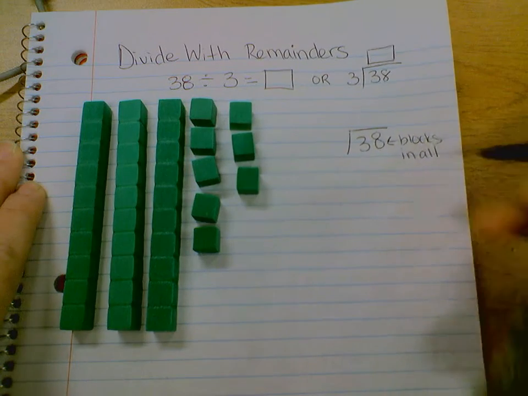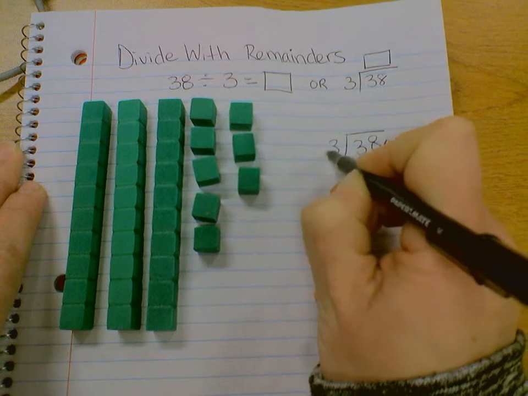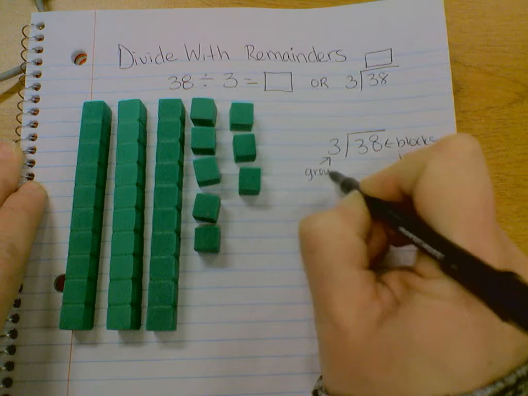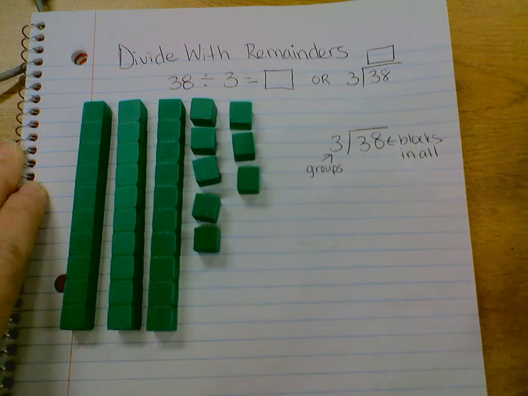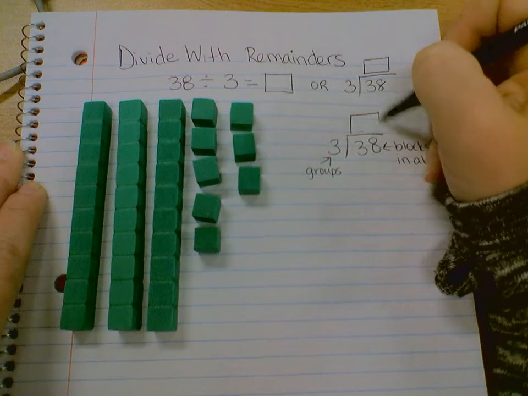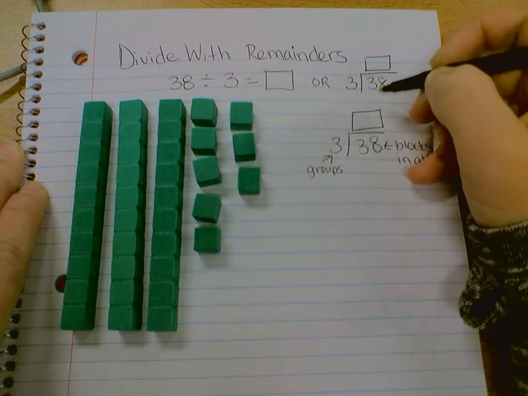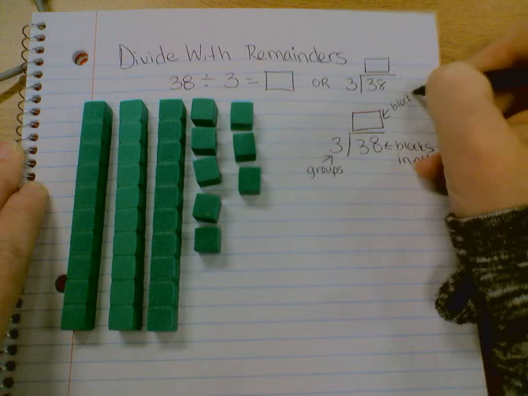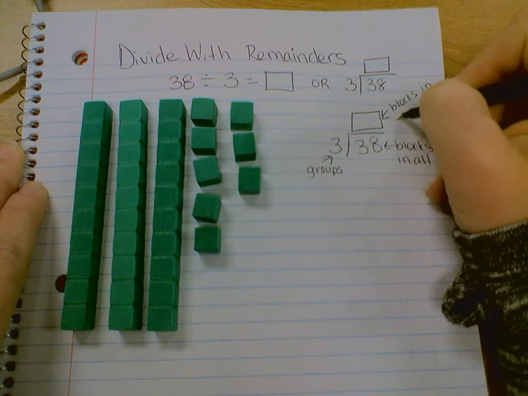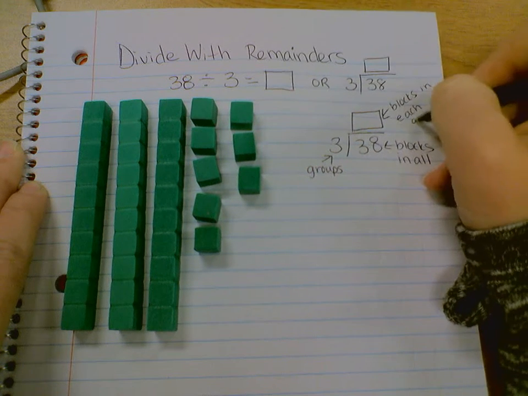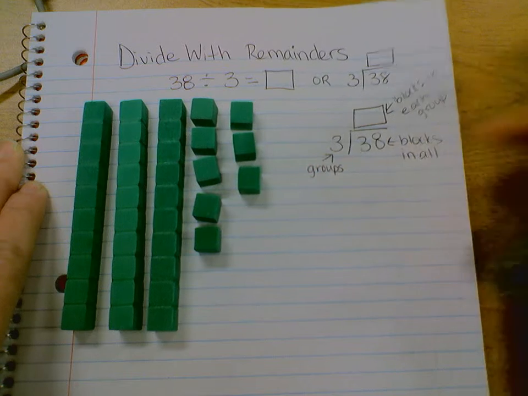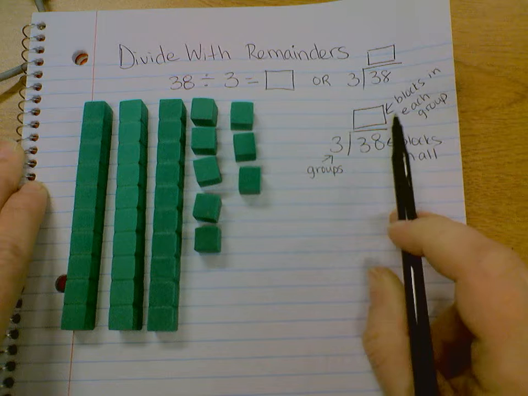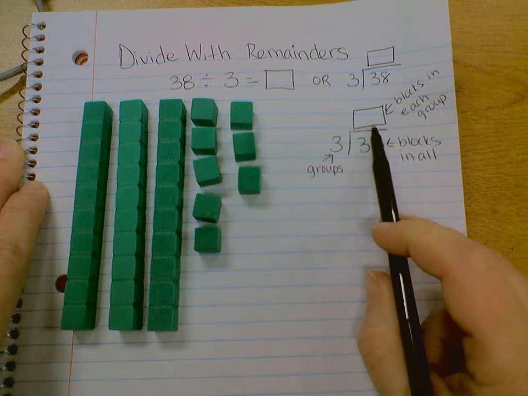I am going to divide into 3 groups and figure out how many blocks are in each group. So 38 blocks in all, divide into 3 groups, figure out how many blocks are in each group, and that will be my quotient.